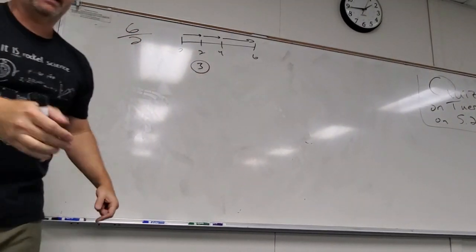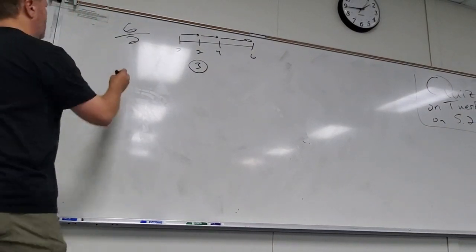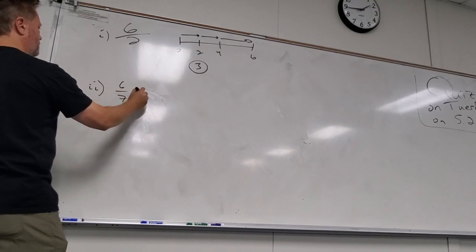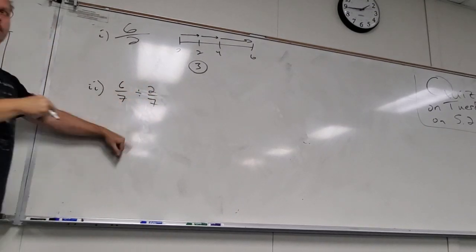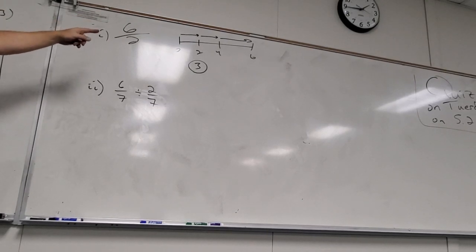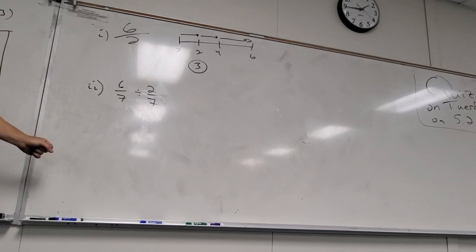So of course, if I have something like, let's start off nice, 6 7ths divided by 2 7ths. Can you try to draw, just like I did, a number line to represent this?